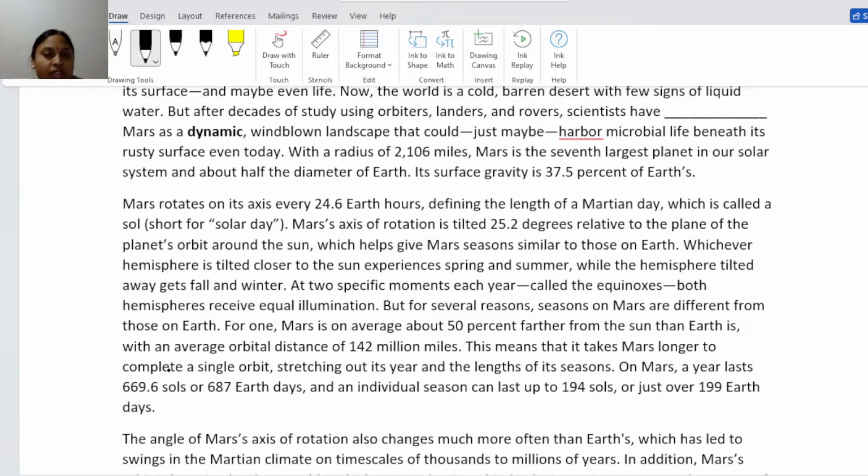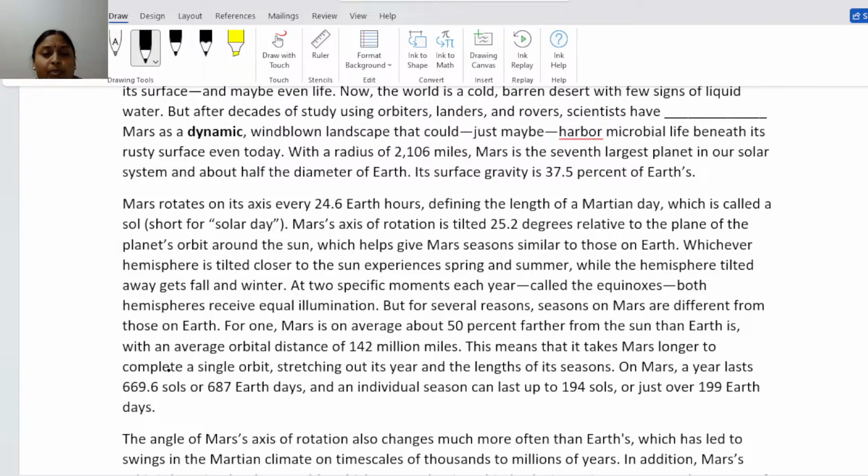which helps give Mars seasons similar to those on Earth. Whichever hemisphere is tilted closer to the Sun experiences spring and summer, while the hemisphere tilted away gets fall and winter. Two specific moments each year are called the equinoxes. Both hemispheres receive equal illumination, but for several reasons, seasons on Mars are different from those on Earth.